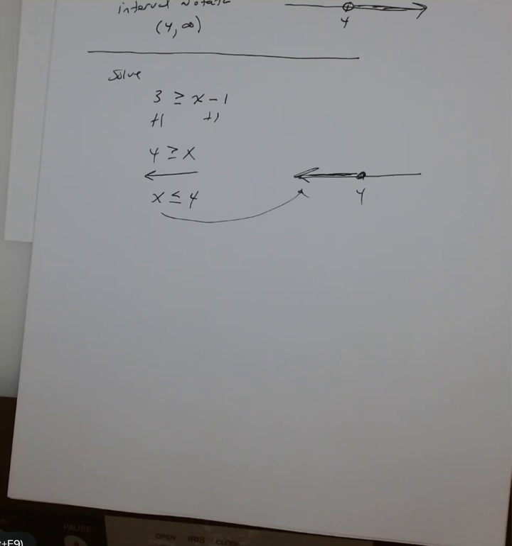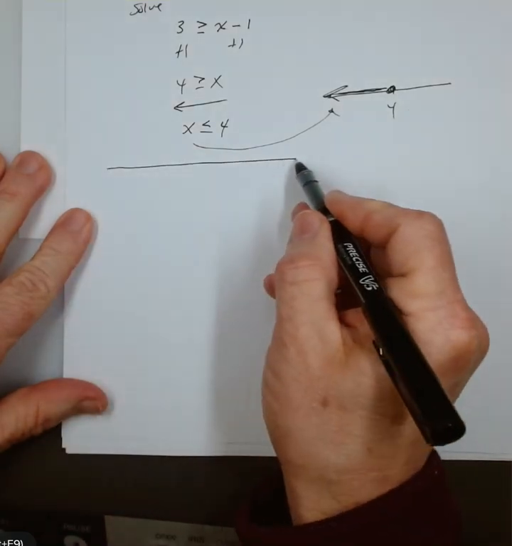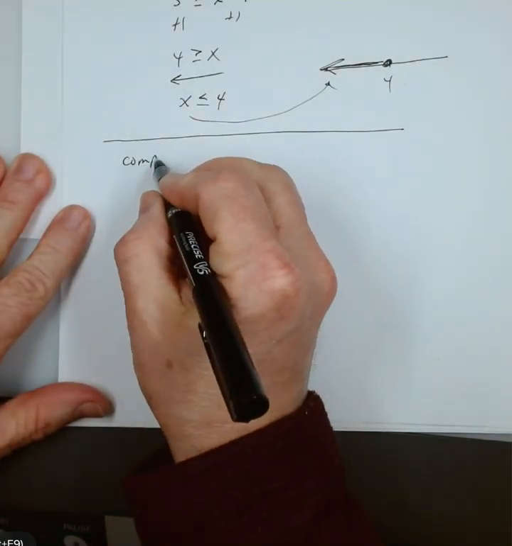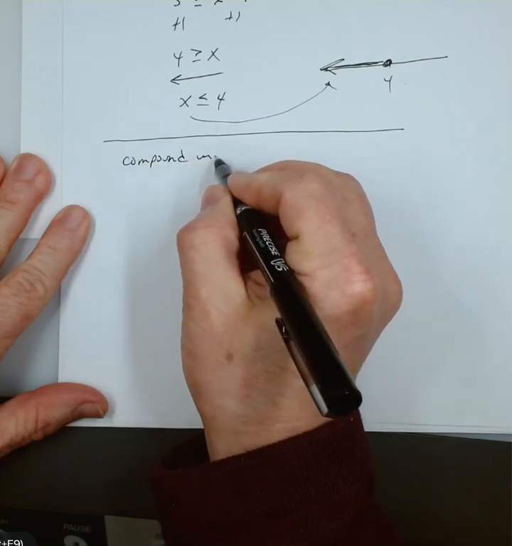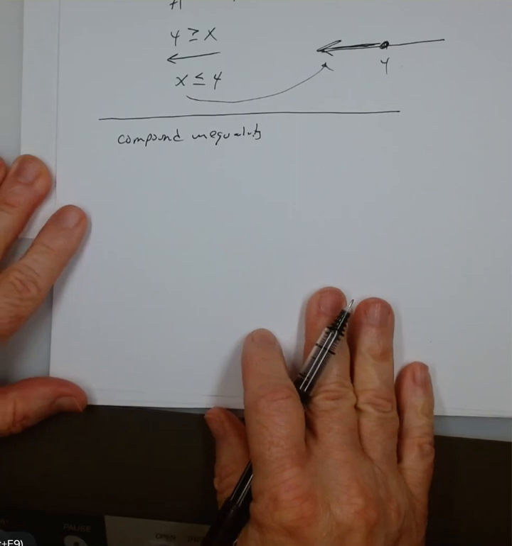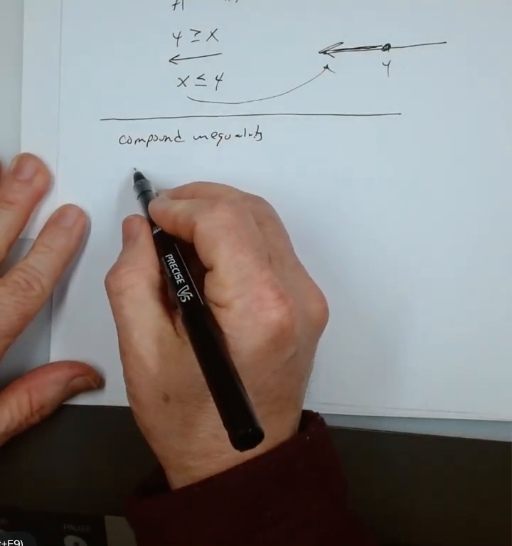All right? Okay. Then the other thing with section 1.6 is the compound inequality. So it looks something like this. This is what the compound inequality looks like.